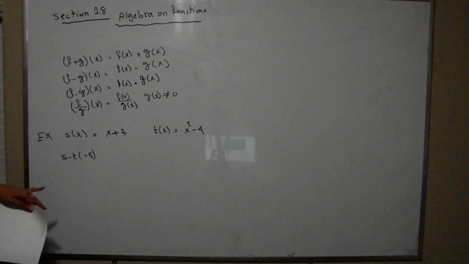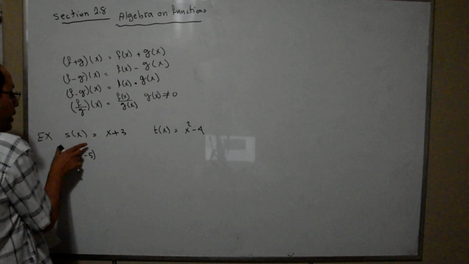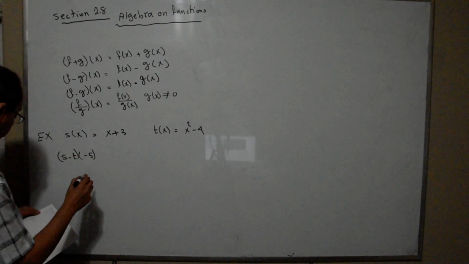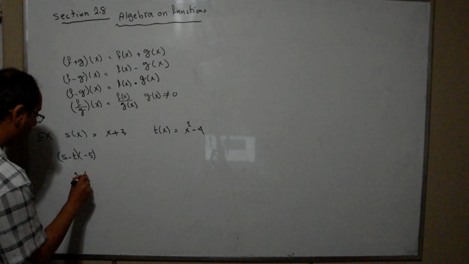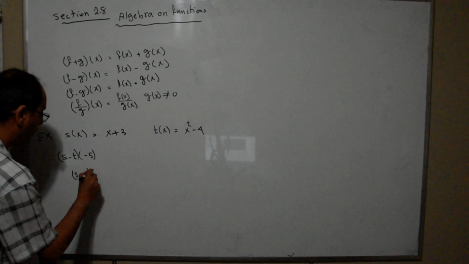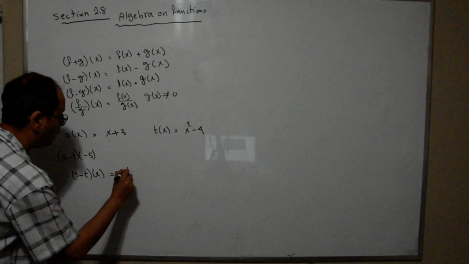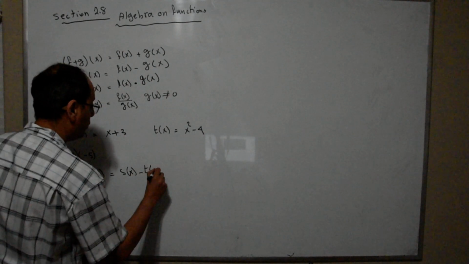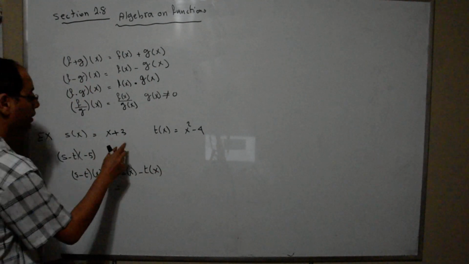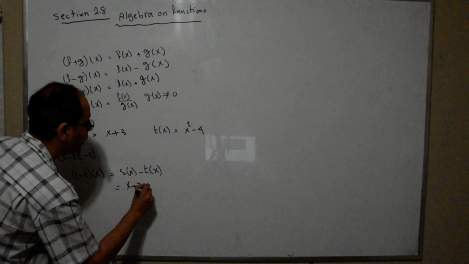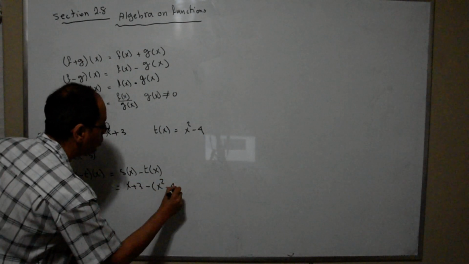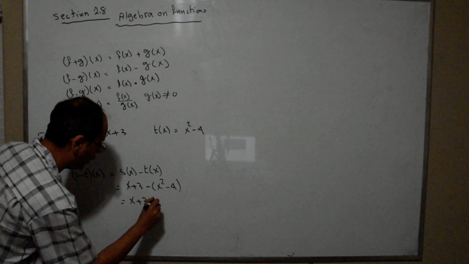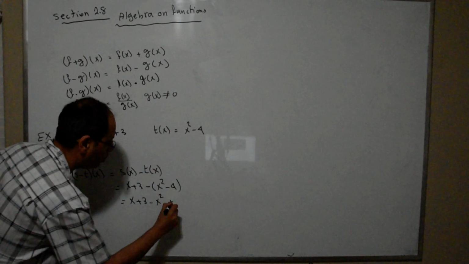Alright, so in order to find this one, I have to find s minus t first. So s minus t of x equals s of x minus t of x. And what is s of x? It's x plus 3 minus x squared minus 4. So that would be equal to x plus 3 minus x squared plus 4.